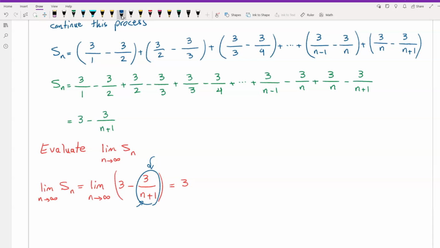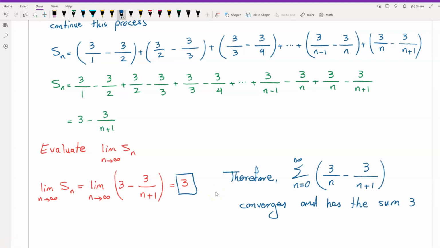So this limit is equal to 3. Therefore, the sum of 3 over n minus 3 over n plus 1, from 0 to infinity, this was what we had on top, this part was given, converges and has a sum equal to 3.